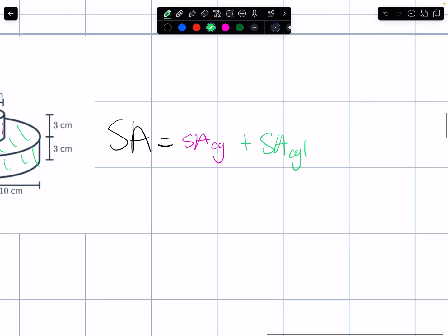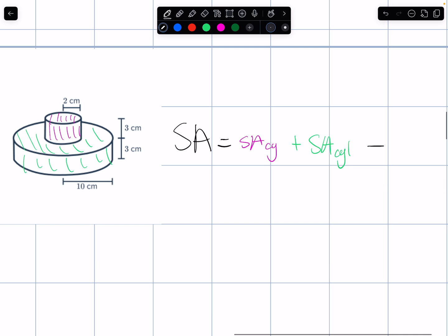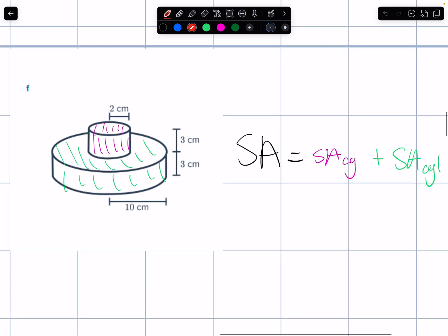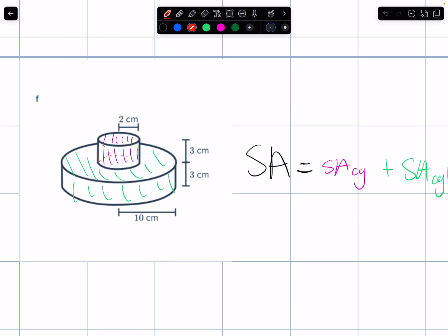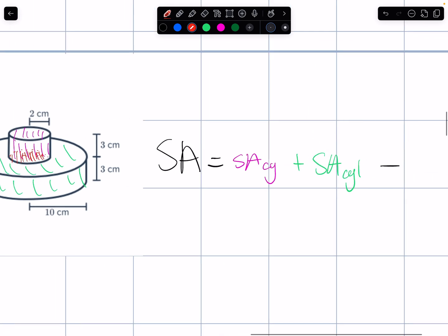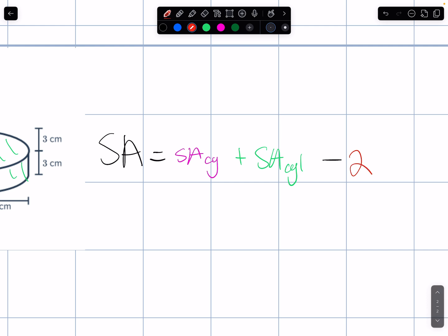And then we still need to take away, it's not as clear, but it is sitting on top. And so this part here is not showing. And it's not showing in 2 places. It's not showing from the base of the cylinder on top, but it's also being taken away from the cylinder on the bottom. And so it is twice. Minus, it's the exact same thing that happened last time. 2 times the area of the circle.